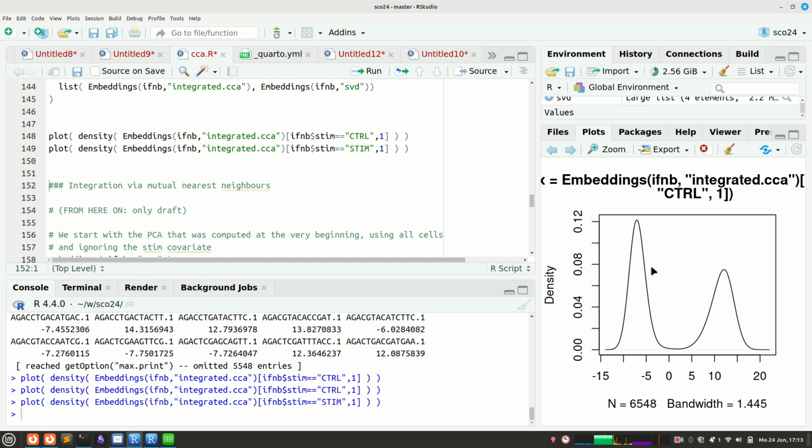And with this we can now adjust our coordinates such that they optimally fit together. And we do this for each of the canonical coordinates, and then we get the perfect integration. And that's a step I omitted now.